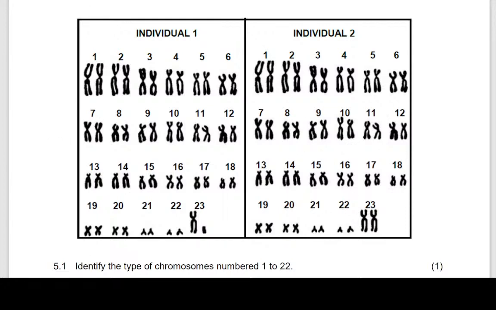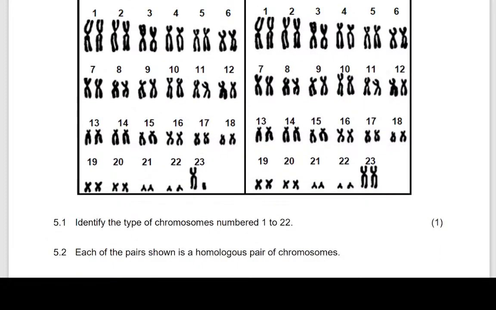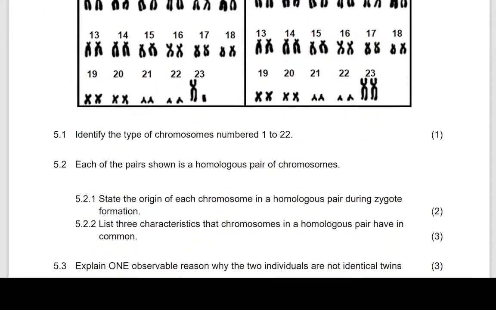Then which one is a male and which one is a female? Send me the answers here in your description so that I can talk about it. I'm waiting for the answer.